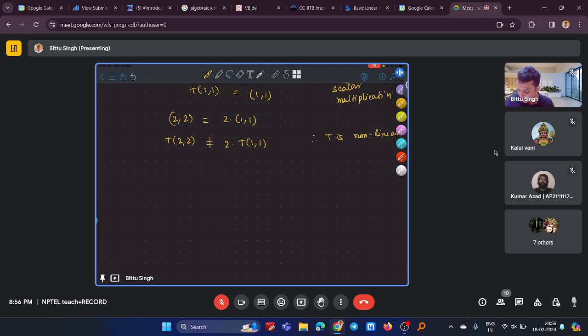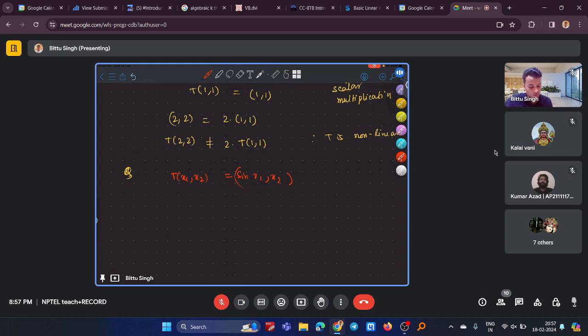Similarly, there is another question. T of x1 x2 is the same as sin x1 comma x2. Again, you can check, because we know that sine of x plus y is not actually sin x plus sin y. There are other factors, that is sin x cos y plus cos x sin y.